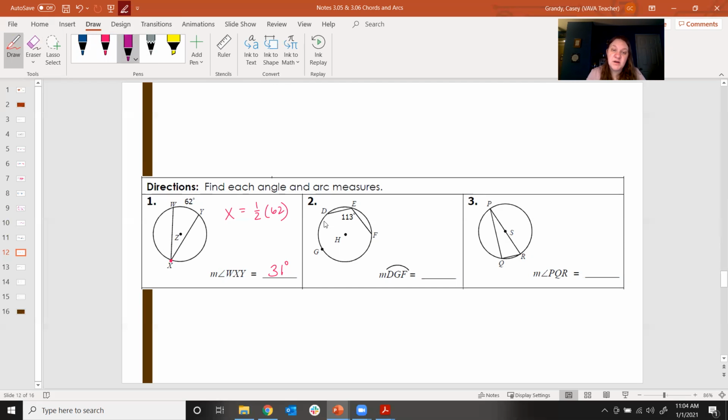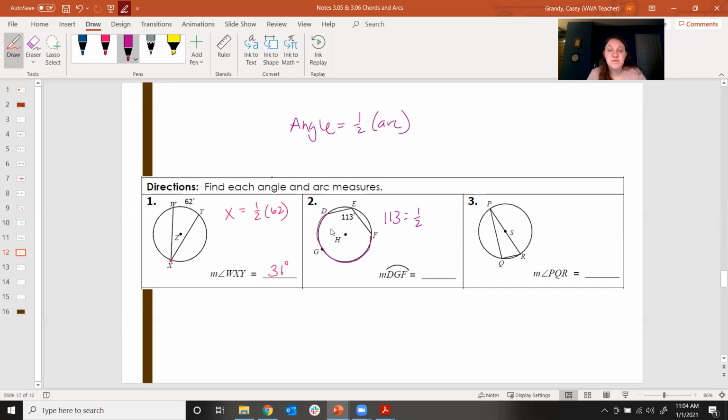Over here, I have an angle of 113, and we want to know what the measure of the intercepted arc is. The angle will always be half of the arc. So ask yourself, what is given to me? Is it the angle or the arc? Well, this 113 is the angle, so that'll go here, and then we want it to be half of the arc.